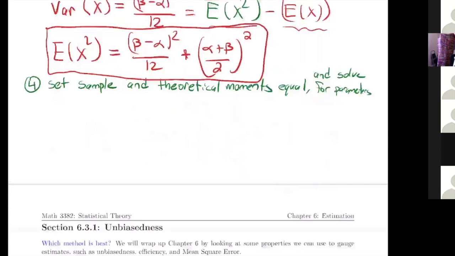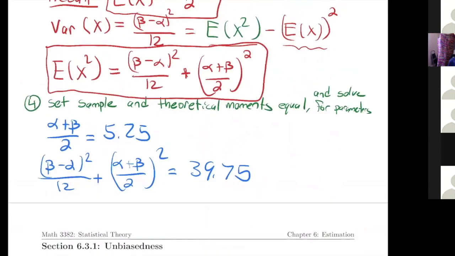Then we have the second moment, and that should equal the second sample moment, which was 39.75. So that's our resulting system of equations.